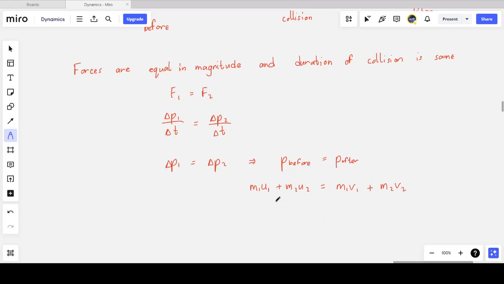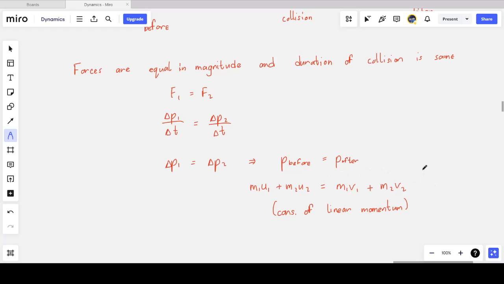This expression mathematically is called the principle of conservation of linear momentum. So this is the idea that linear momentum will always be conserved. You have to remember that when you have a collision or even an explosion, linear momentum will always be conserved. Even if energy is not conserved, linear momentum will be conserved.